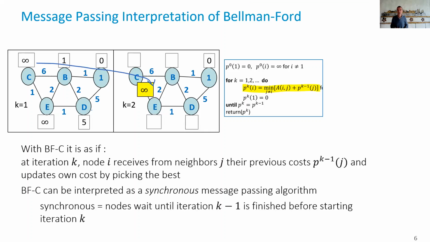In distance vector routing protocols, the nodes will inform their neighbors of their own estimates of the costs, and the neighbors will use that to improve theirs. So we can interpret that in this way, except in the centralized interpretation, this happens synchronously. In one round, every node obtains from all neighbors all the costs that the neighbors had computed in the previous round.